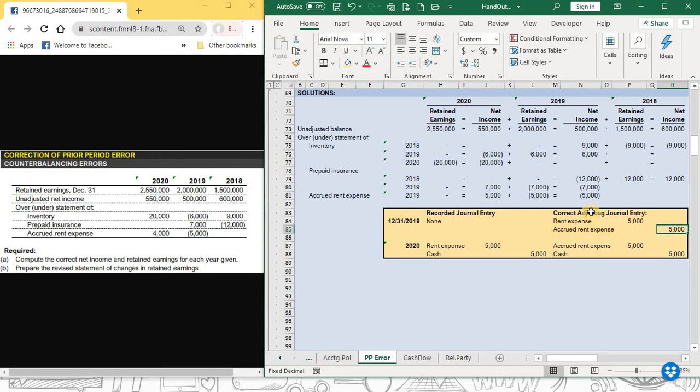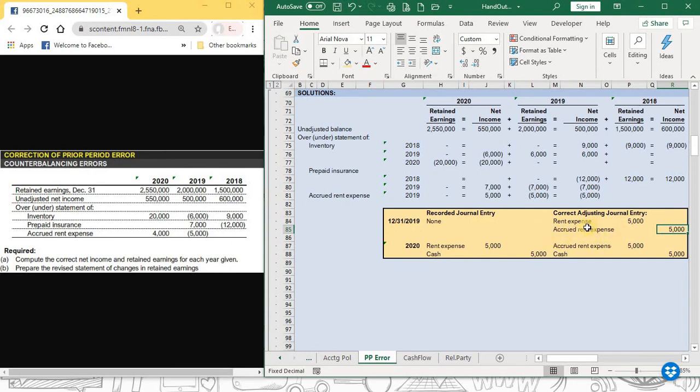So if this journal entry was not prepared in 2019, what will be the effects in 2020? Since this is an expense incurred in 2019 which is still unpaid, we should have recorded a liability, and this is assumed to be paid in 2020.